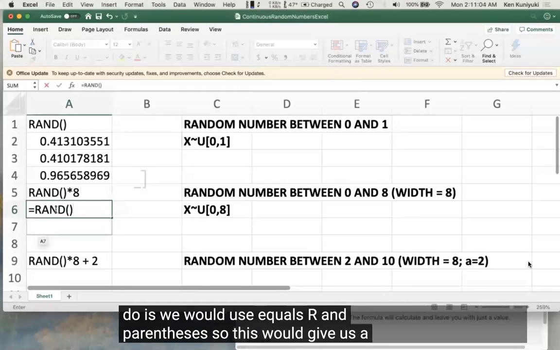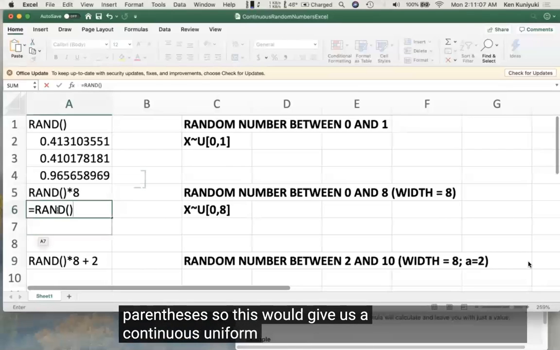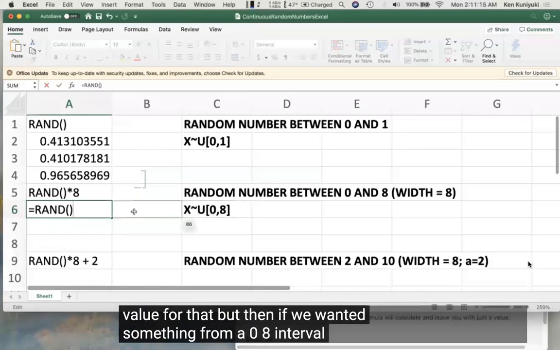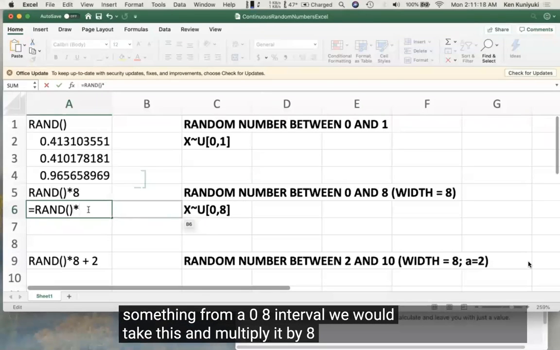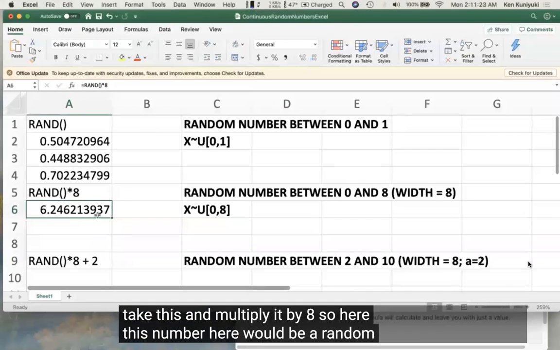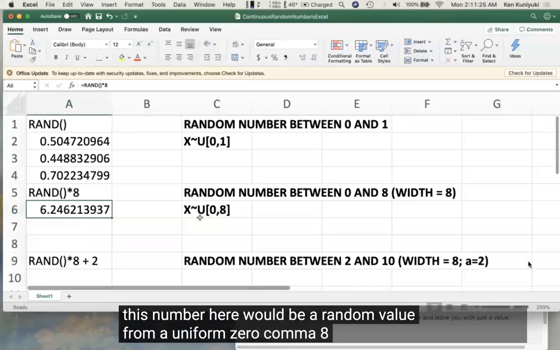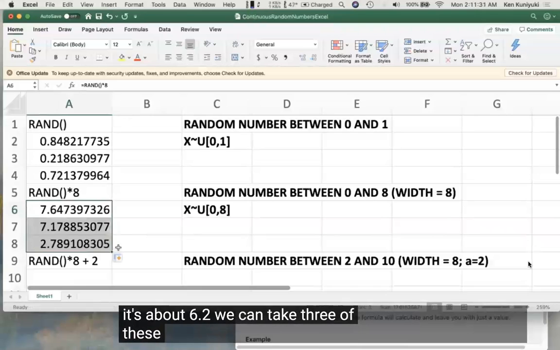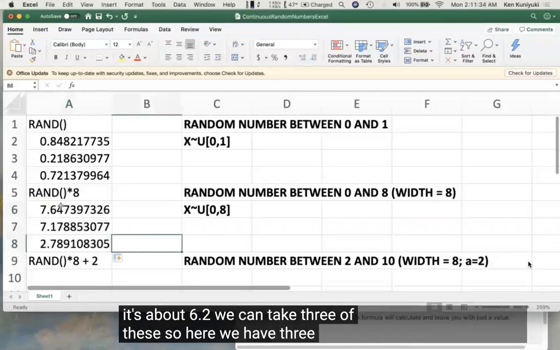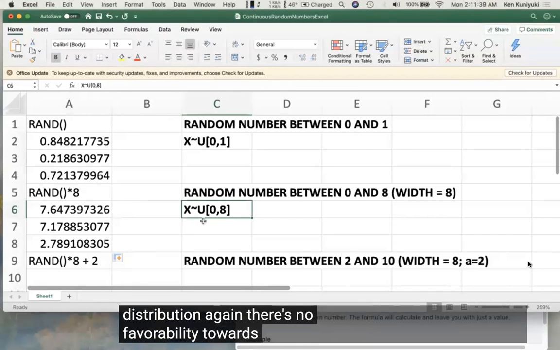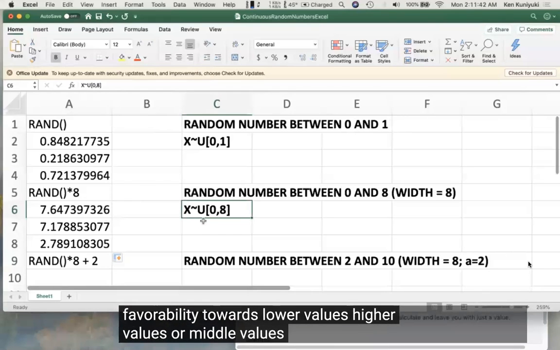So this would give us a continuous uniform 0, 1 random variable, a value for that. But then if we wanted something from a 0, 8 interval, we would take this and multiply it by 8. So here, this number here would be a random value from a uniform 0, 8 distribution. It's about 6.2. We can take 3 of these. So here we have 3 random values from this uniform 0, 8 distribution. Again, there's no favorability towards lower values, higher values, or middle values.